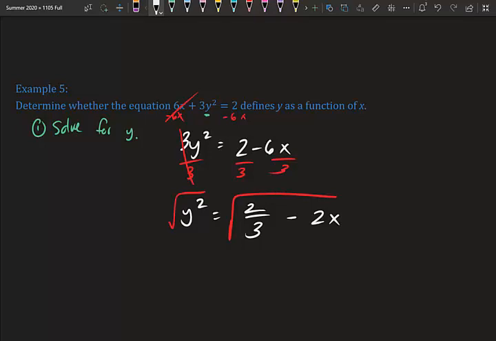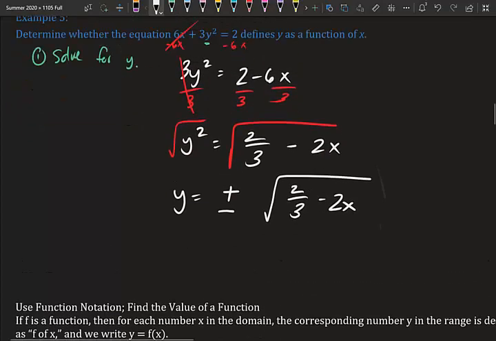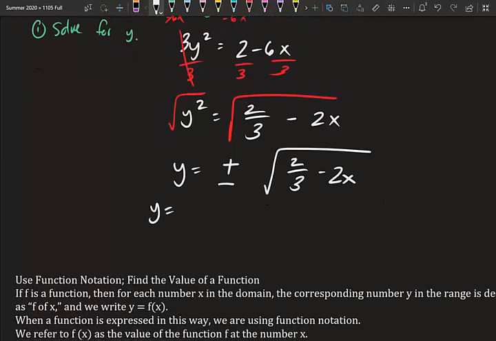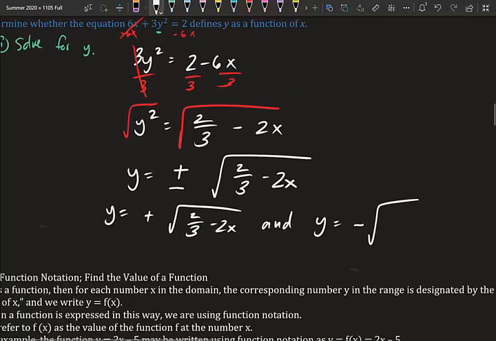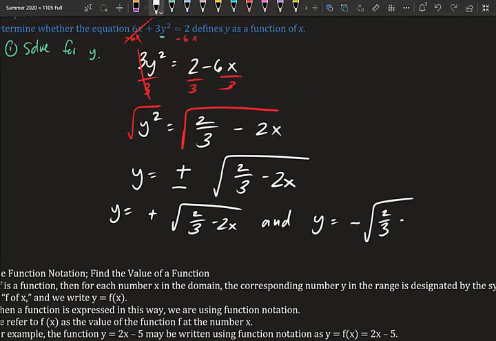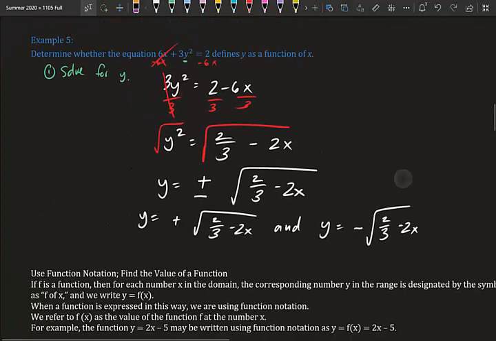And remember, when we square root, we get y equals positive negative square root of 2/3 minus 2x. So technically, this is y equals positive square root of 2/3 minus 2x and y equals negative square root of 2/3 minus 2x. So y equals two things, two solutions.